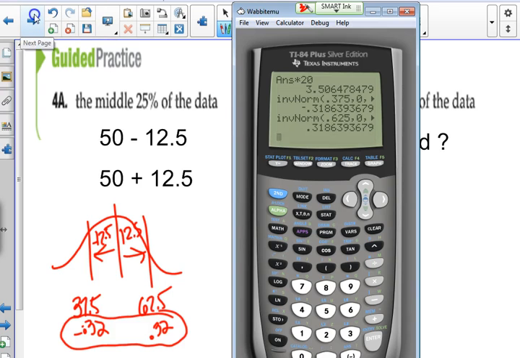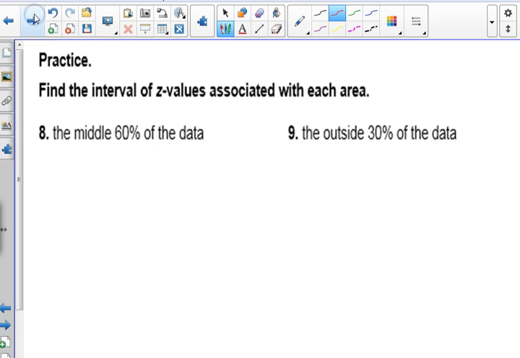All right, let's talk about how we're going to do this. First we're going to do it with z-scores, apparently. Middle 60%, guys. So if you're at 50, how far are you going to go either way? No, you want the whole 60% to be here. So you're going to go 30 each way from 50.